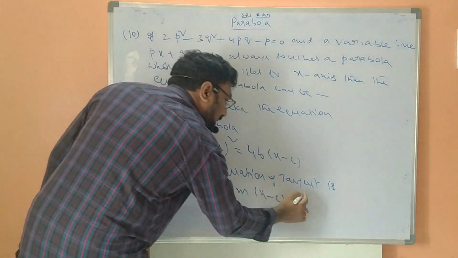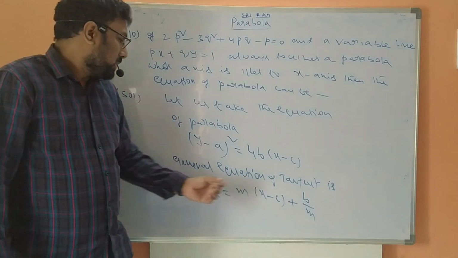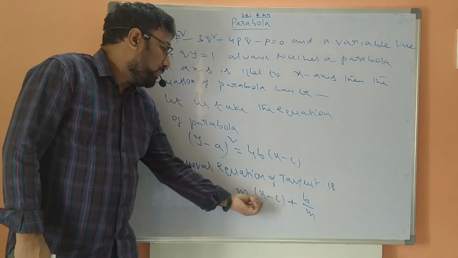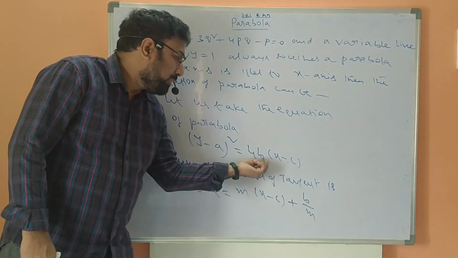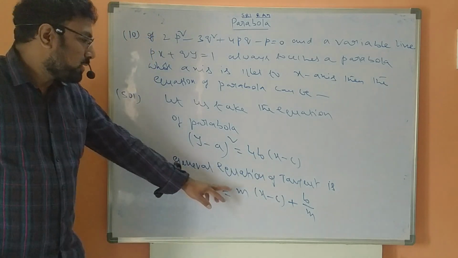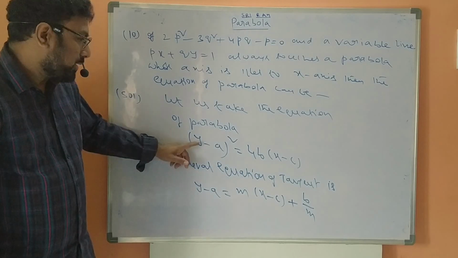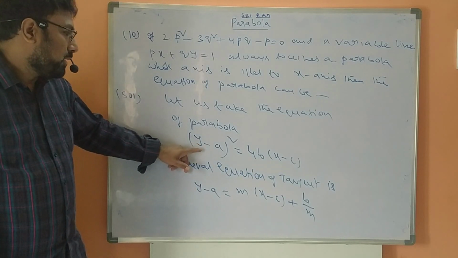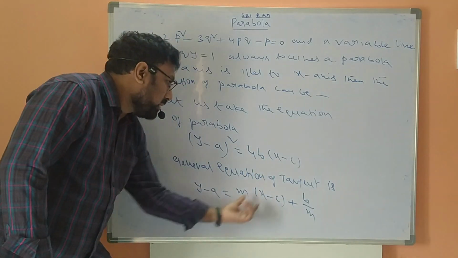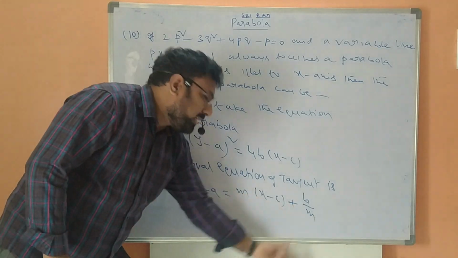Here a is b, because we are comparing with y square equal to 4ax. M is the slope of the tangent. Also, here we are shifting the origin. By shifting the origin, y becomes y minus a, in place of x minus c. So it is in the form of y is equal to mx plus c.